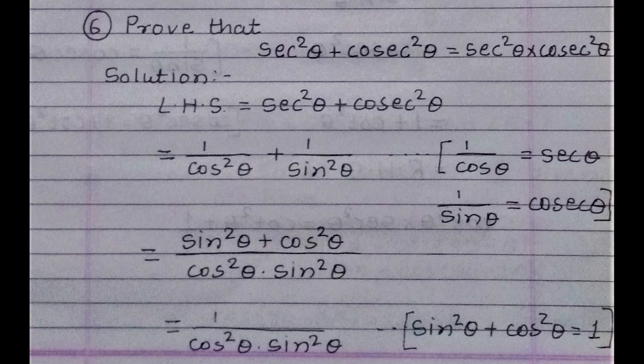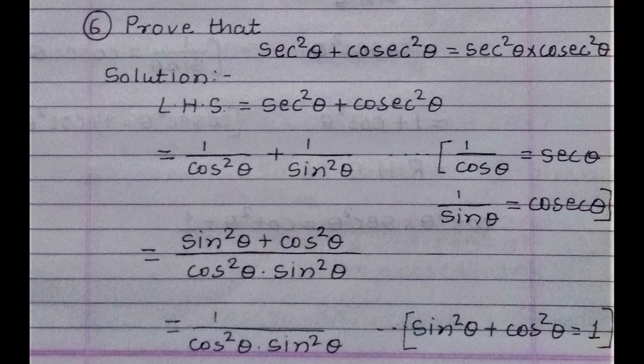Question number 6. Prove that sec square theta plus cosec square theta is equal to sec square theta into cosec square theta. Now solution. LHS: sec square theta plus cosec square theta.